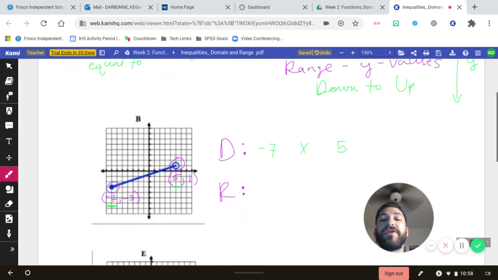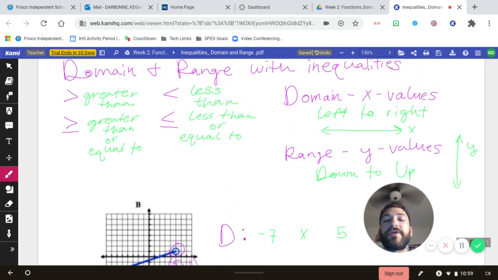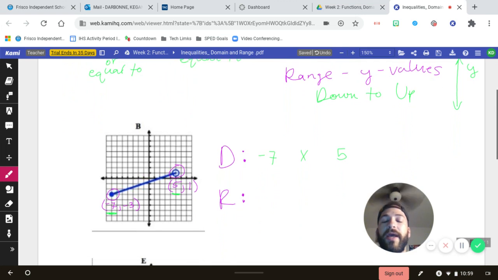Then, when we're writing domain and range in inequality form, we always want to use our less than or equal to signs. So -7 is less than or equal to x, which is less than 5. What this is saying is that my x values are in between -7 and 5.